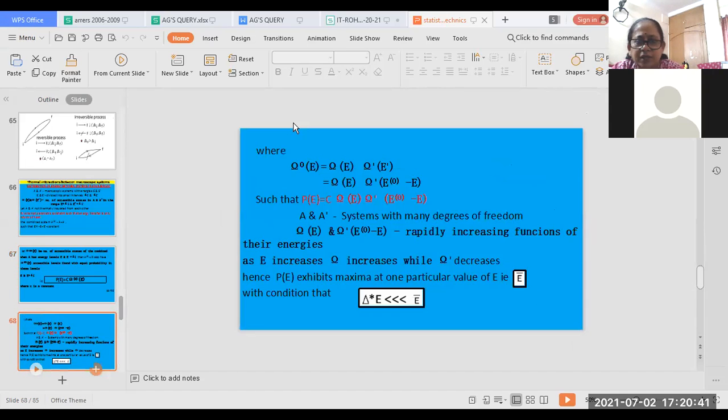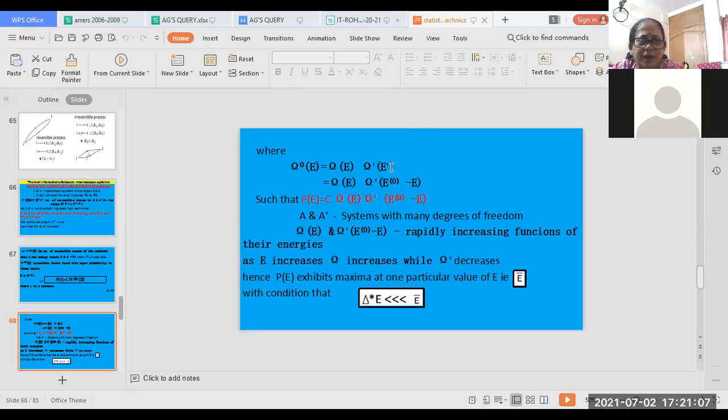Now omega 0 E I wrote as a product of two accessible states, because the whole system is made up of system A and system A dash. So omega 0 can be written as omega E times omega dash E dash.